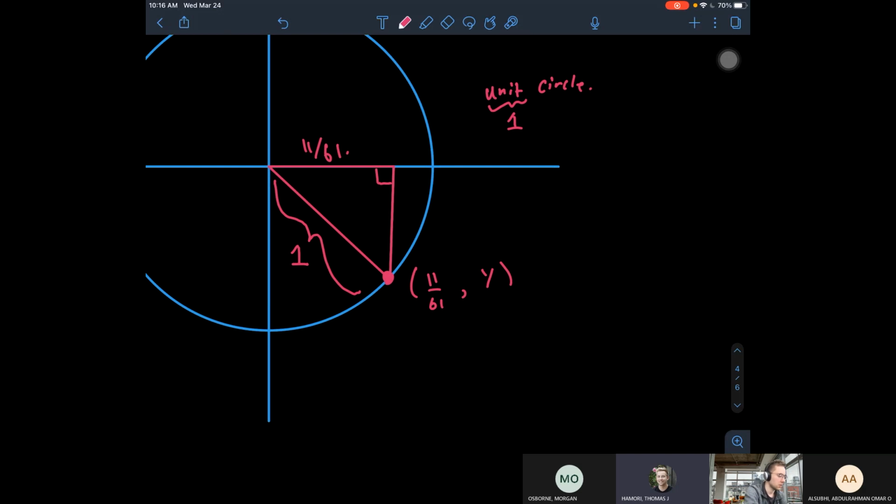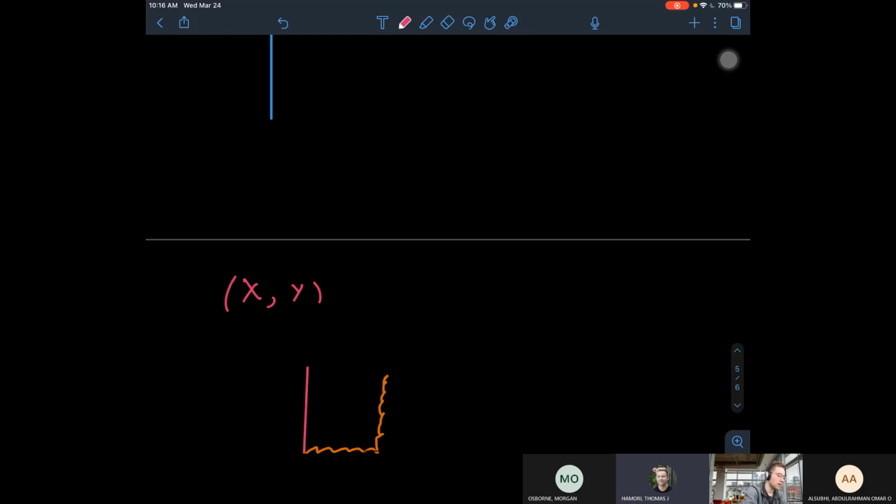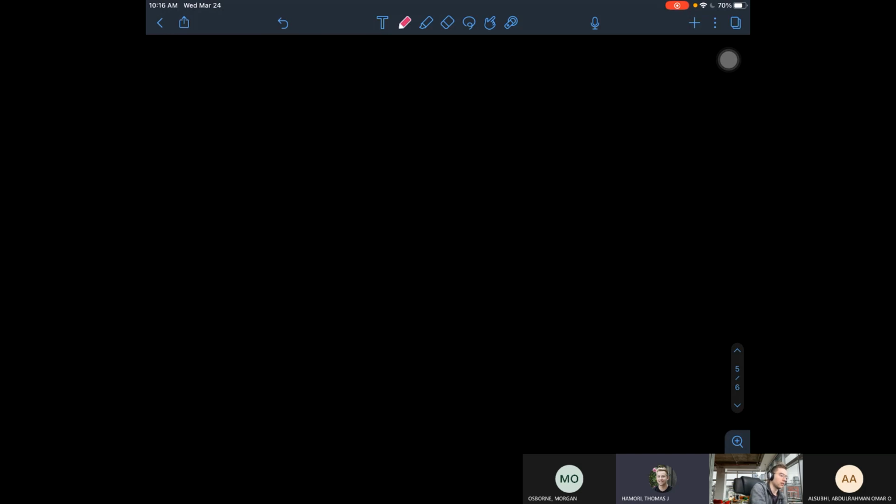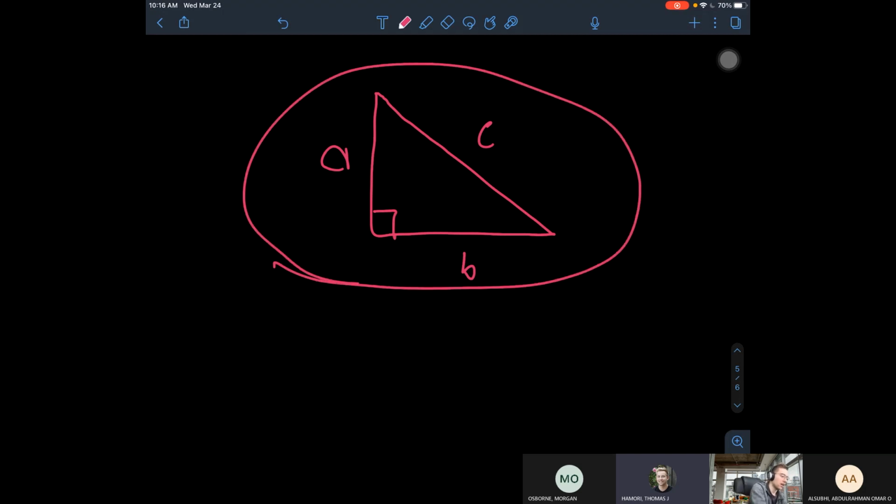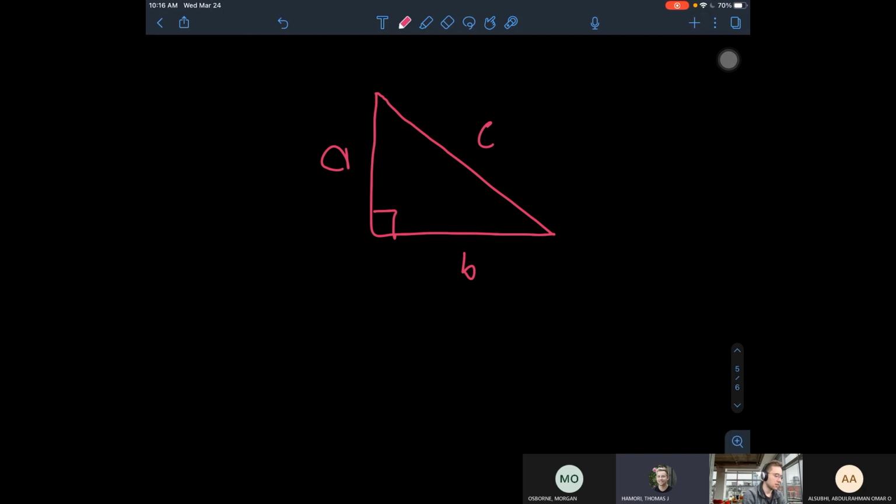Okay, so if I have a triangle here like this, and this side is A, and this side is B, and this side is C, do you know an equation which involves A, B, and C? A squared plus B squared is equal to C squared. Very good.